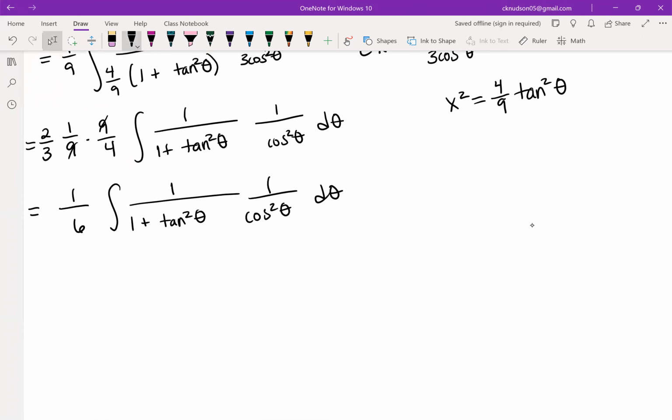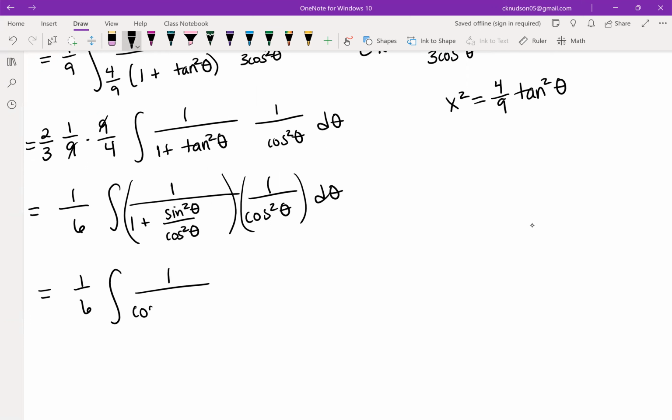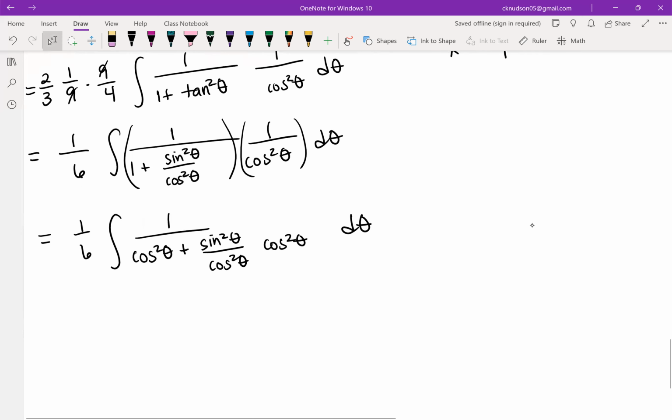Now what we can do is rewrite tan as sine over cosine. And since we had tan squared, that's sine squared over cosine squared. Now we multiply our two fractions by each other. 1 times cosine squared is cosine squared. Then we have sine squared of theta over cosine squared of theta times cosine squared of theta d theta. And our cosine squareds cancel.